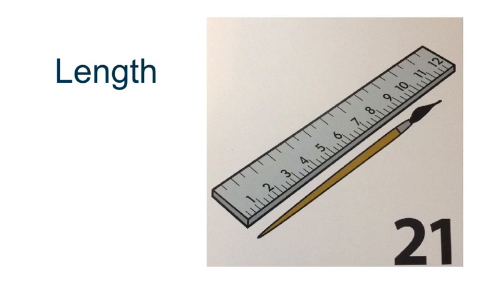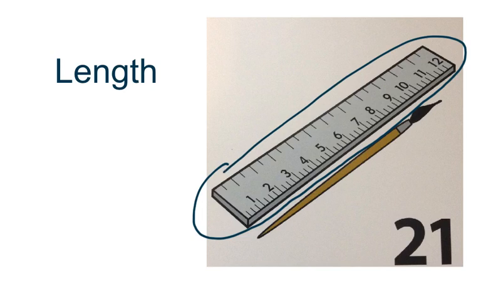I have a couple questions about our calendar piece today. I want you to look at the tool they're using to measure. This is the tool they're using to measure. What is that tool called? If you said ruler, awesome job.